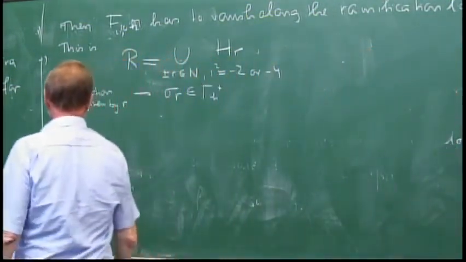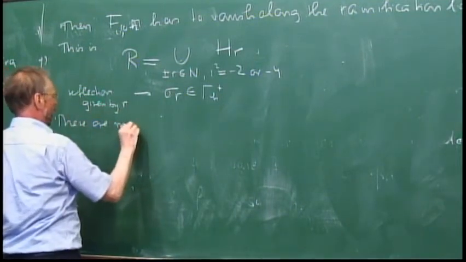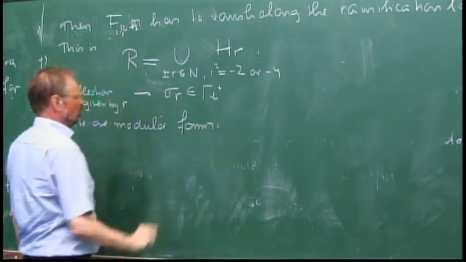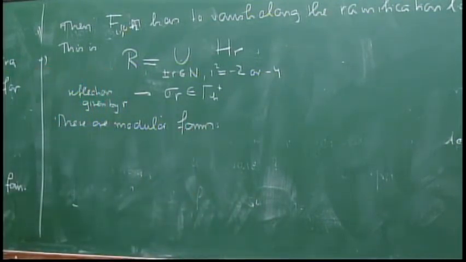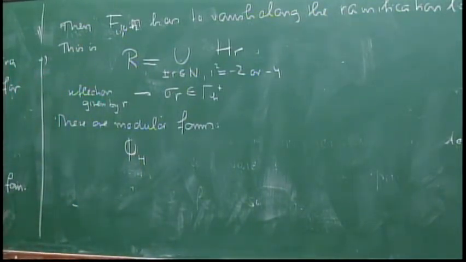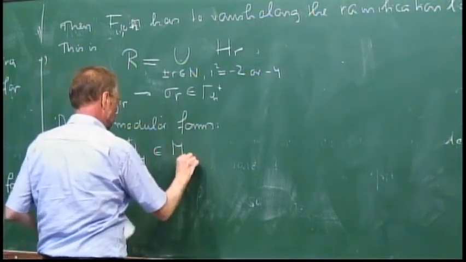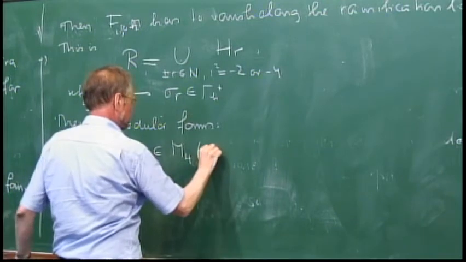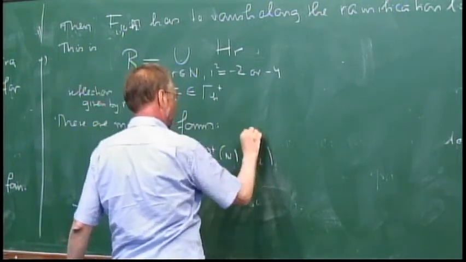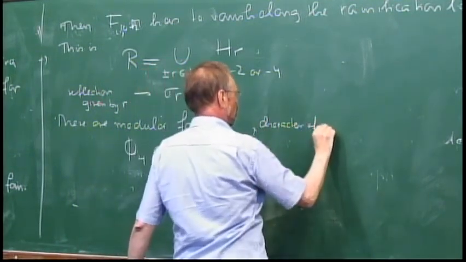And then there are modular forms. Some of you here know more about these modular forms than I do. One is phi 4. 4 is always the weight. So that's a modular form of weight 4 with respect to O plus N and a character of order 2.